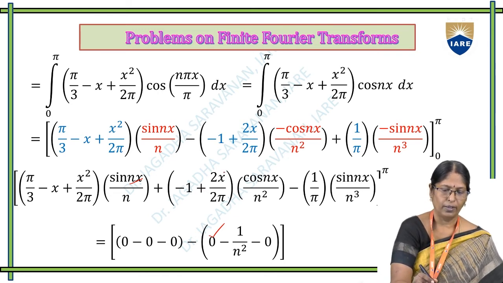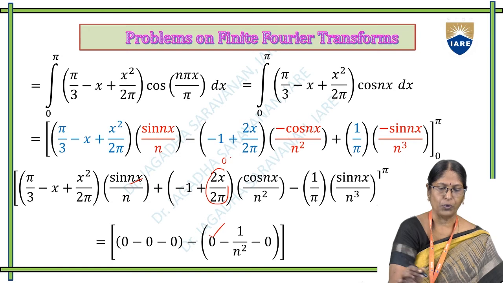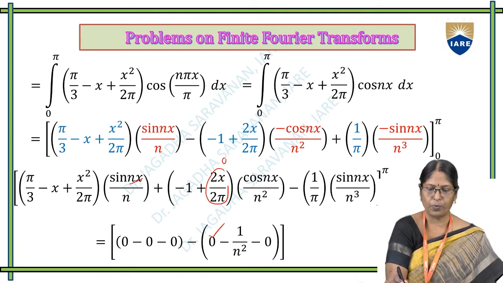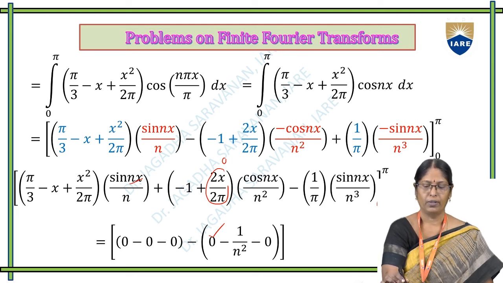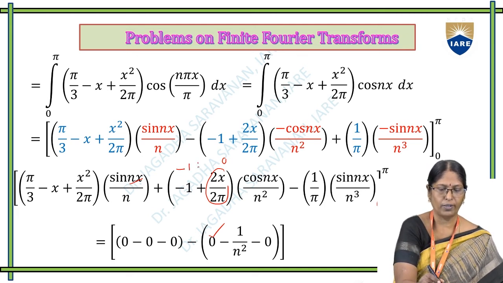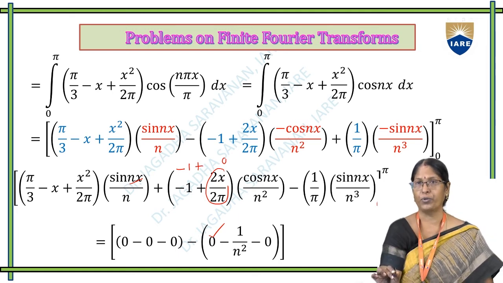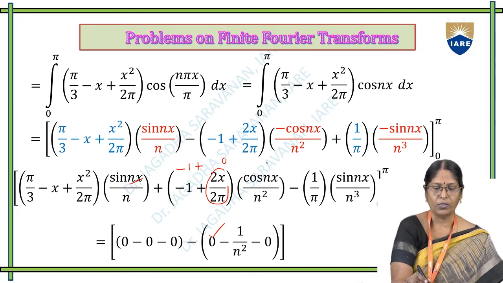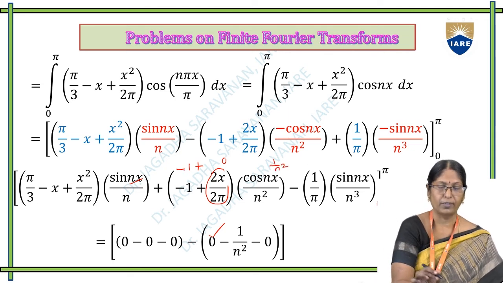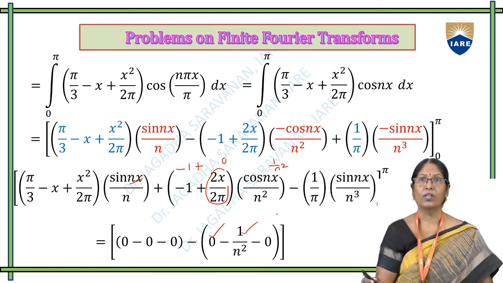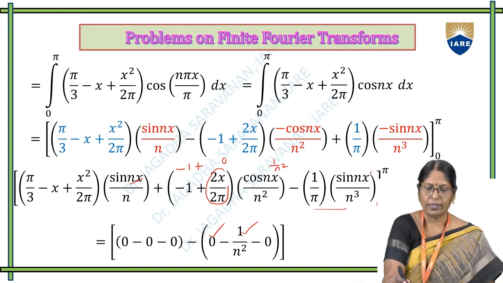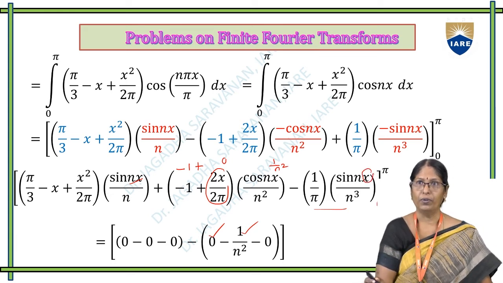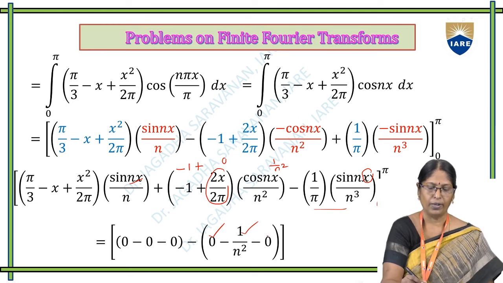Then this term is becoming 0, because we are putting 0 in the place of x. But here this minus 1 is there. Cos 0 is 1, so it is 1 by n square. Already the minus is there outside, so it is minus 1 by n square. Here we are substituting 0 in place of x. Sine 0 is 0.